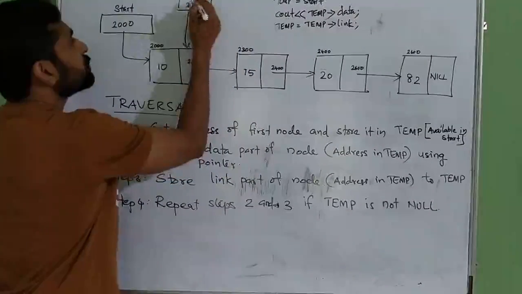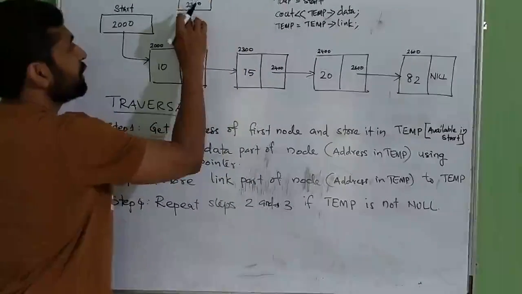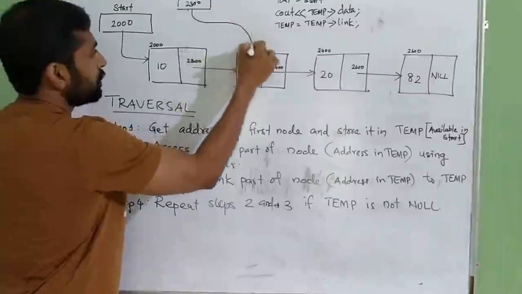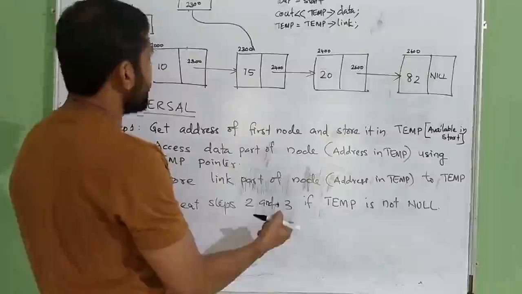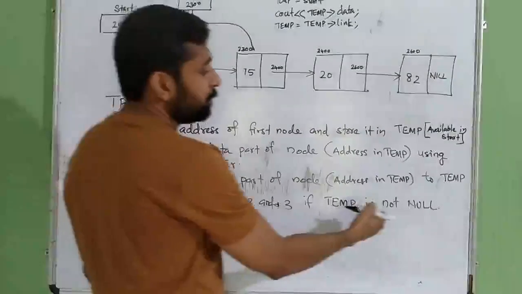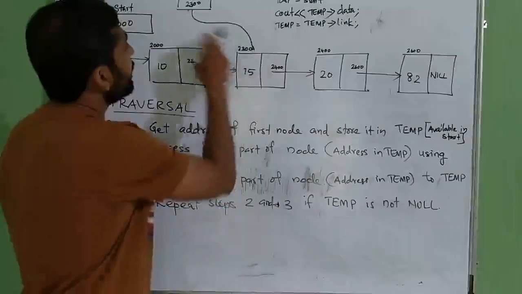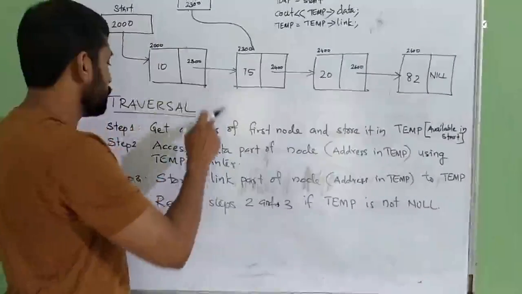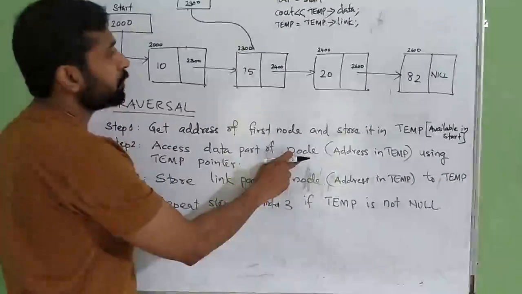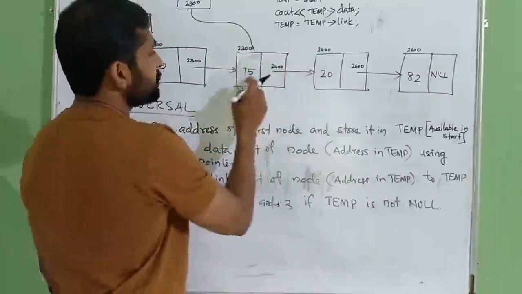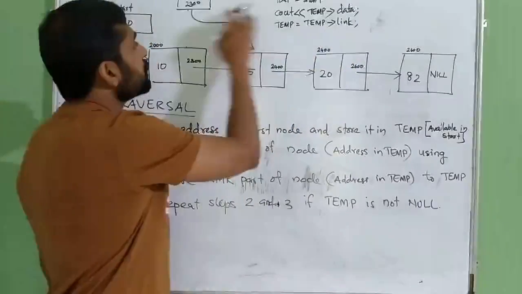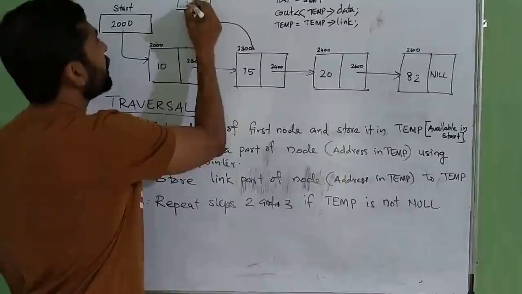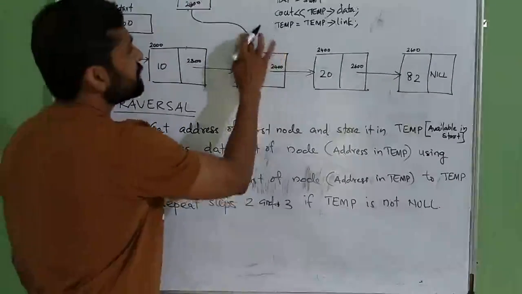So here it becomes 2300. What does it mean? This points to this node, right? Then repeat steps 2 and 3 if temp is not null. Is temp null now? No. So we again access the data part of the node: cout temp arrow data. So now it is 75. Then temp equal to temp arrow link. So it becomes 2400, which means this points to this node.